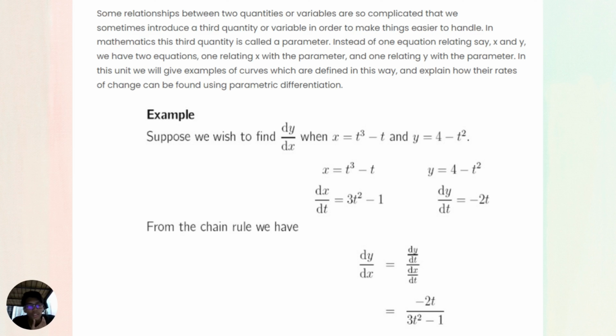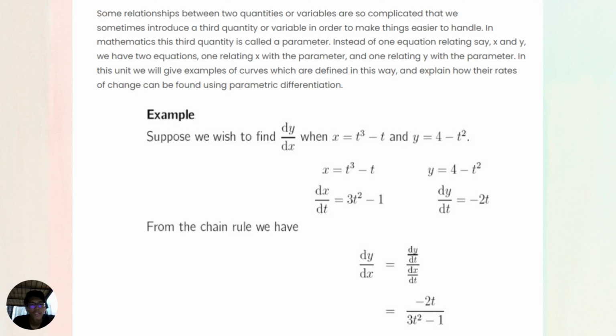If we look at this example, suppose we wish to find dy over dx when x equals t cubed minus t and y equals 4 minus t squared. So we take out the x and y: x equals t cubed minus t, y equals 4 minus t squared. Here, t is being used as the parameter.